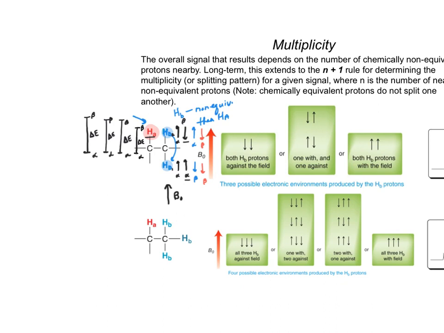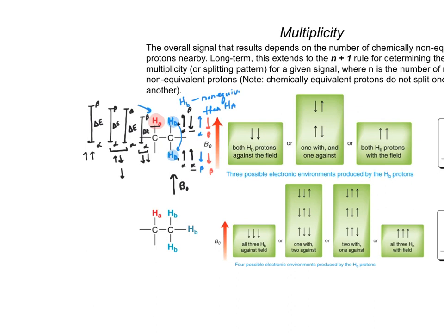So now in this situation, we had one where both HBs were with. We had two different situations where we had one with and one against, and then we had one situation where both of the two HBs were against. And so what this turns into, instead of one big signal, is a signal with a 1 to 2 to 1 ratio.